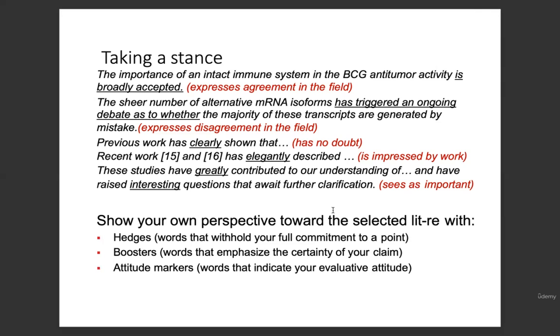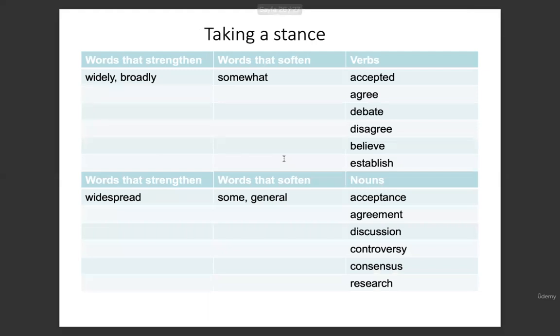And also you can use some attitude markers to indicate your evaluative attitude, as you see here. So while taking a stance, you can use these words to strengthen your sense, you can use widely or broadly. You can use the verbs accepted, agree, debate, disagree, believe, establish. Nouns, noun forms of them.